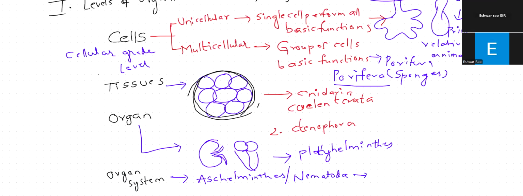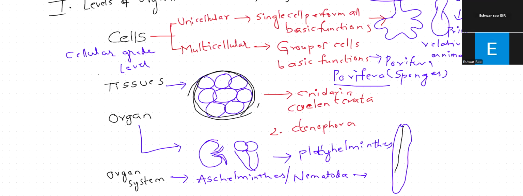For example, assume this is an organism from Nematoda. Here it has a well-differentiated system like the digestive system, so I'm trying to draw an alimentary canal like this. See, here is the organism with a complete gut, where the mouth is present.